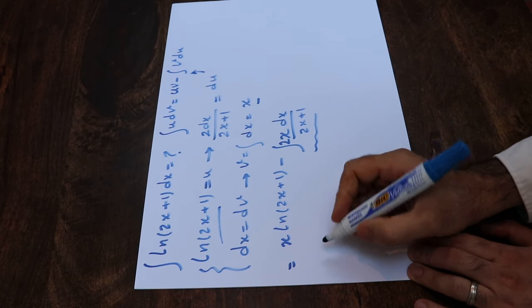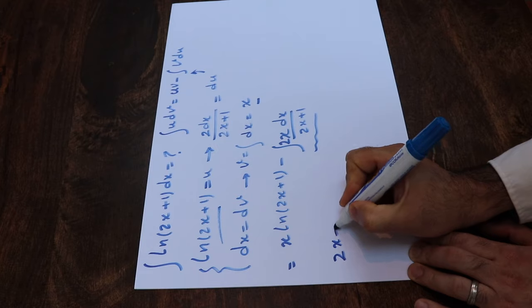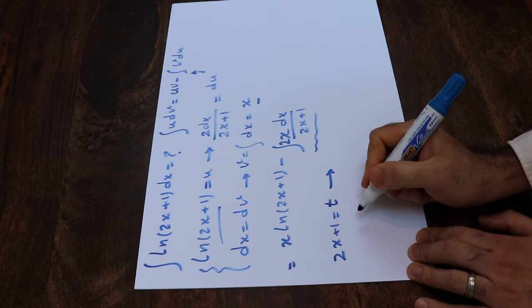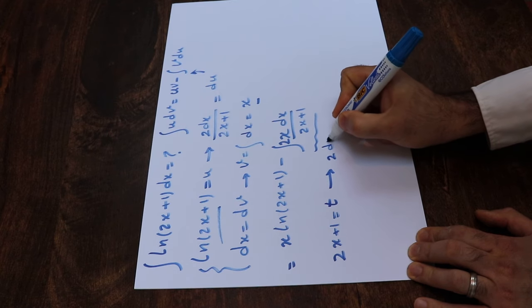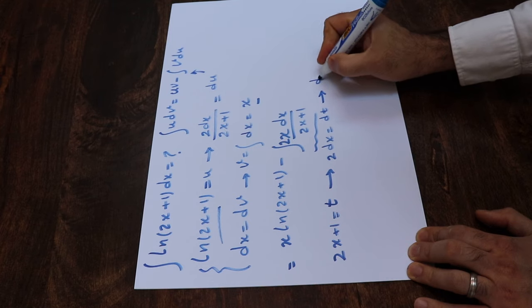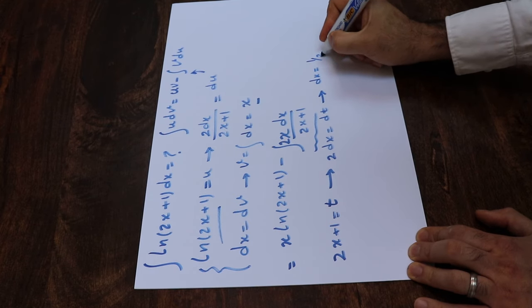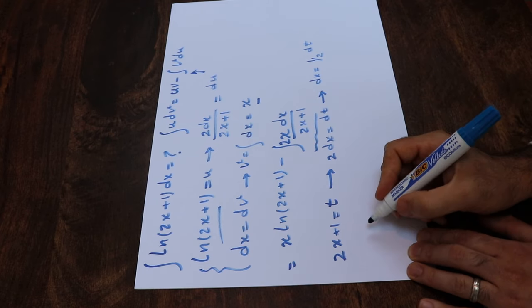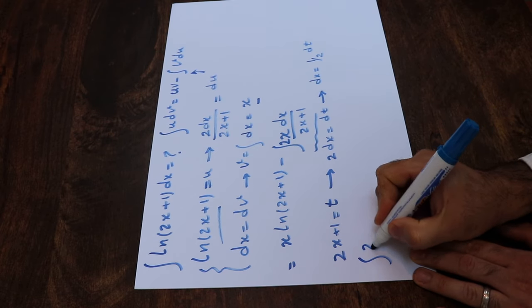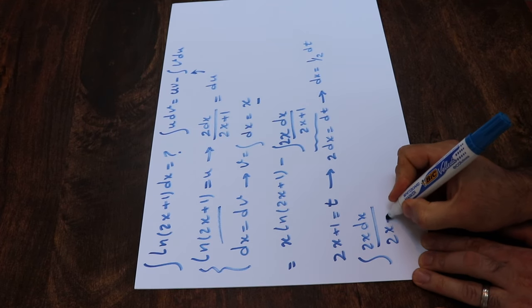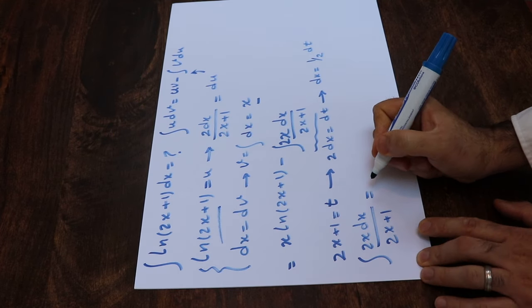If you define 2x+1 as t, and you take the derivative of each side of this equation, 2 dx will be equal to dt, or in other words, dx will be equal to 1/2 dt. So if you substitute this into the integral, you can write the integral of 2x dx divided by (2x+1) as follows.